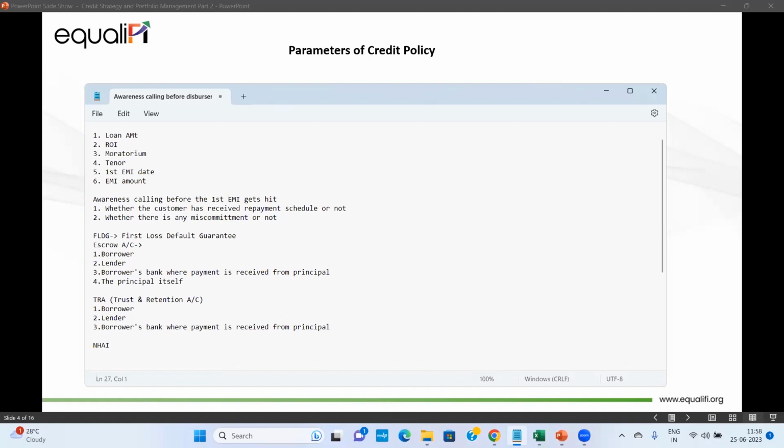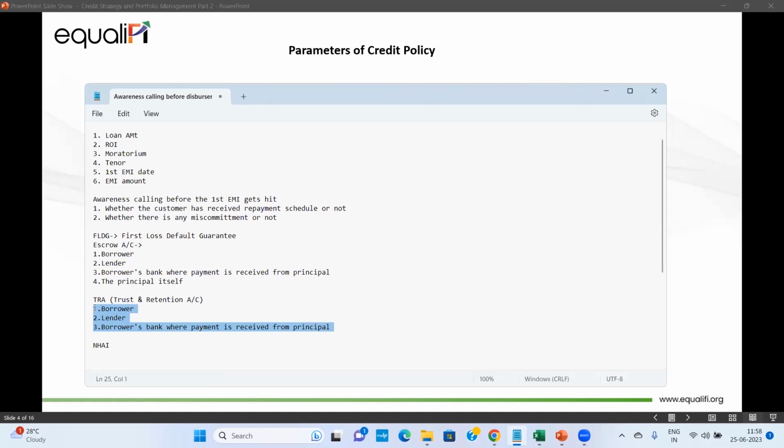In this account number, you will render the money. That letter is taken from the principal, like NHAI or any government. With that letter, an agreement takes place between the borrower, lender, and the borrower's bank that all the payment as per the letter from the principal will come to this particular bank only, and not a single payment will go out of this bank without the lender's approval.